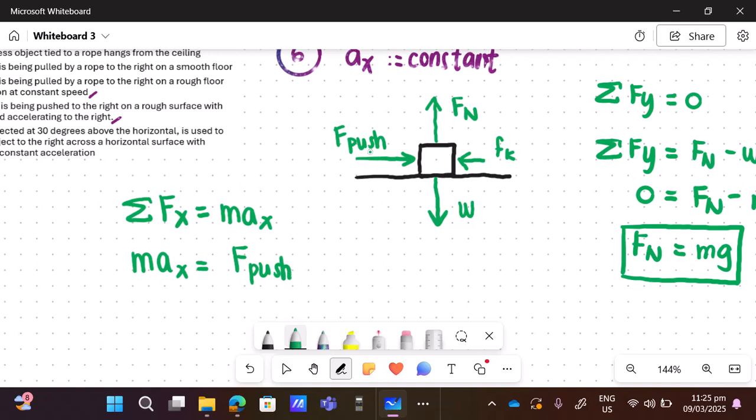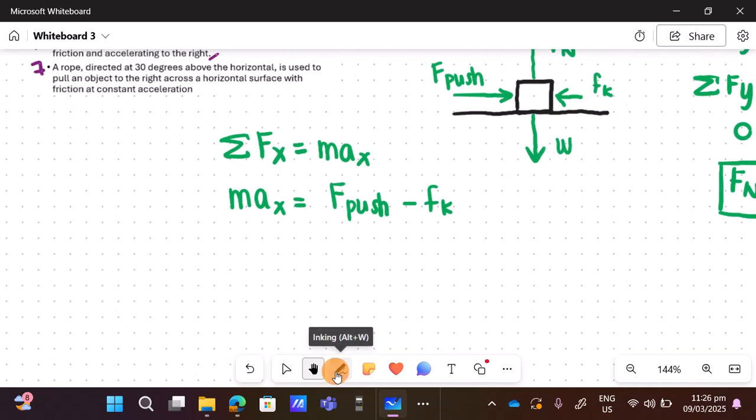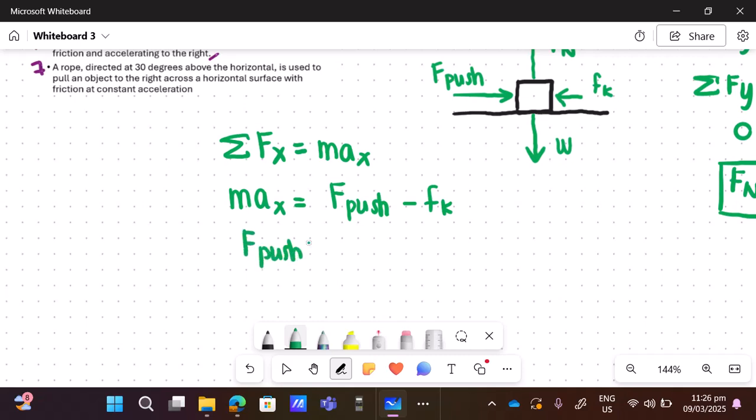Take note, to the right is positive, to the left is negative, minus some force due to friction, F sub k. Now, the magnitude of the applied force equals the net force plus the force due to kinetic friction.